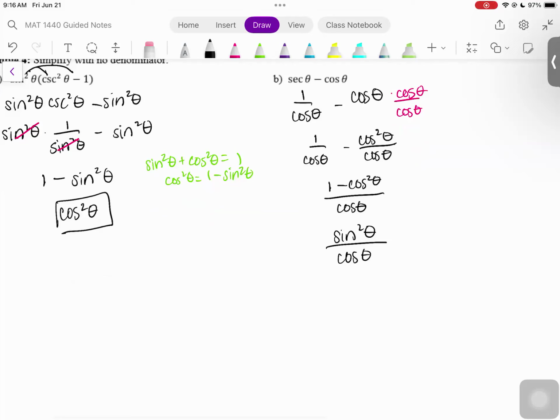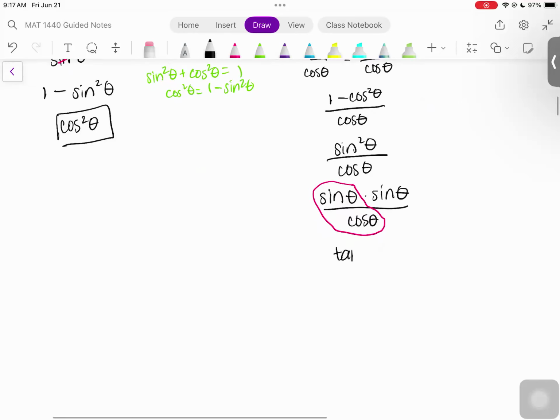Doesn't factor very interestingly, but it's sine theta times sine theta. And the reason we want to do that is because when we put this over cosine theta, one factor of sine theta in the numerator divided by our factor of cosine theta in the denominator is tangent of theta. So this further simplifies to tangent theta times sine of theta.